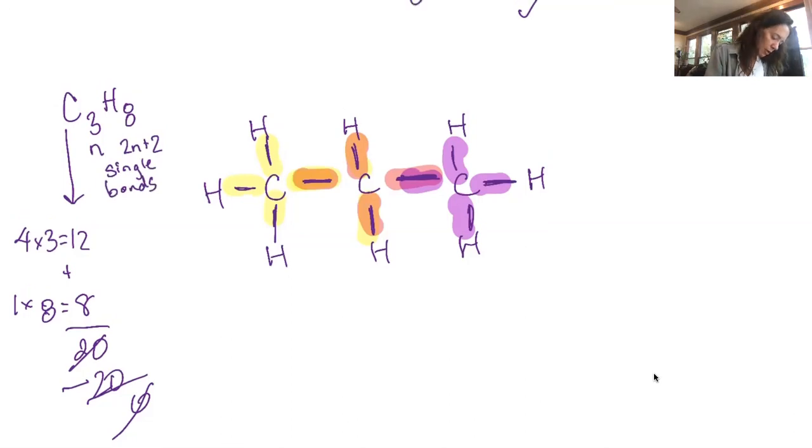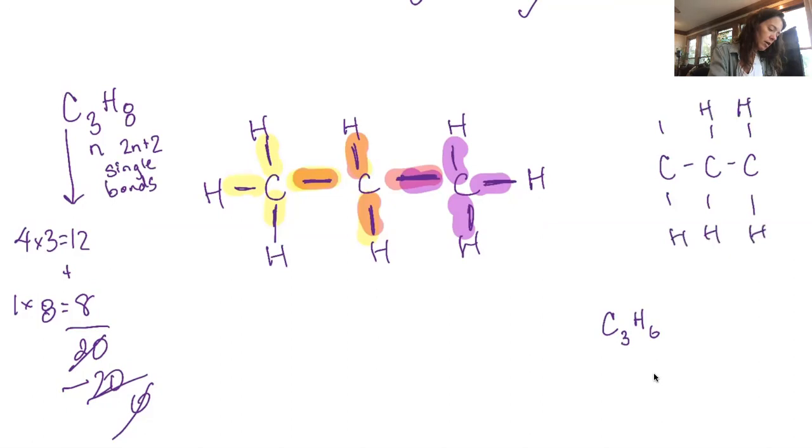Let's see if we were to do C3H6. I hope I don't mess up, because sometimes you make these up and they're not right. 4 times 3 equals 12 plus 6 equals 18. 2, 4, 6, 8, 10, 12, 14, 16, 18.